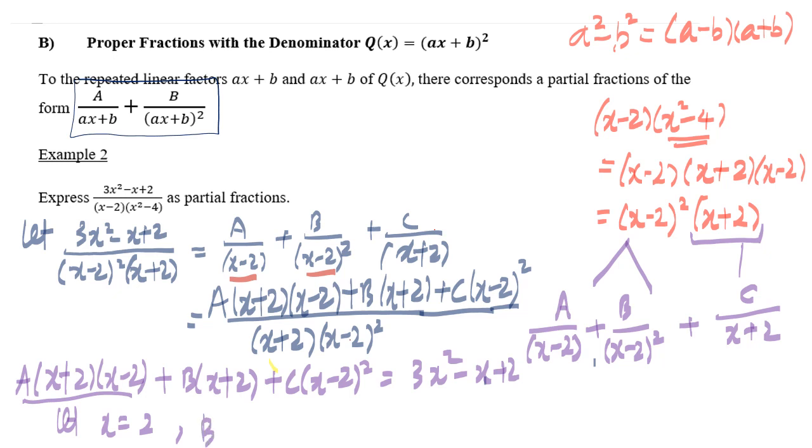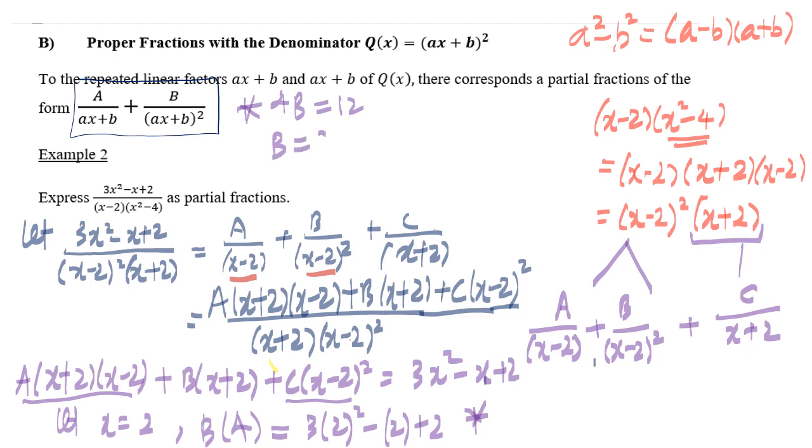So I will have b. 2 plus 2 is 4. This guy will be gone. My right hand side will be, so I would have 4b equals to 12. B equals to 3. Okay, so I managed to find constant b.